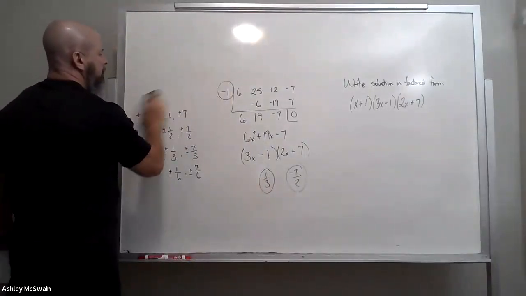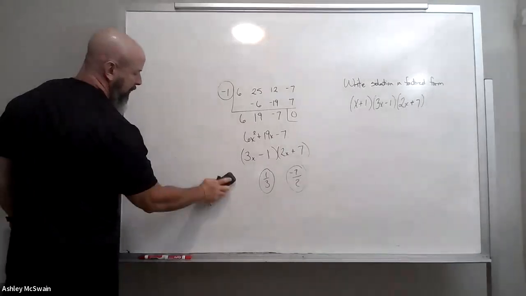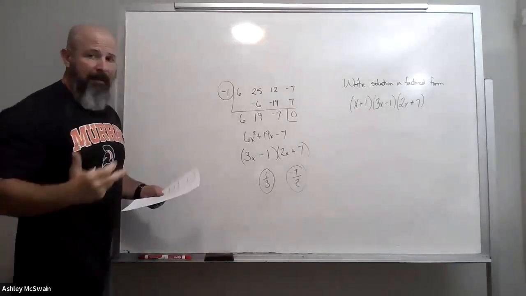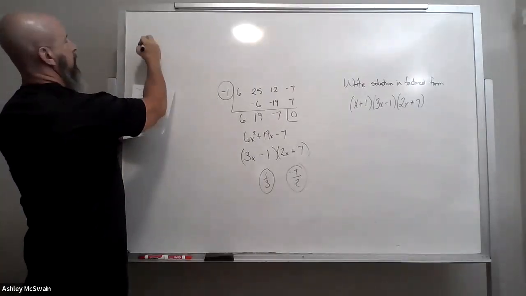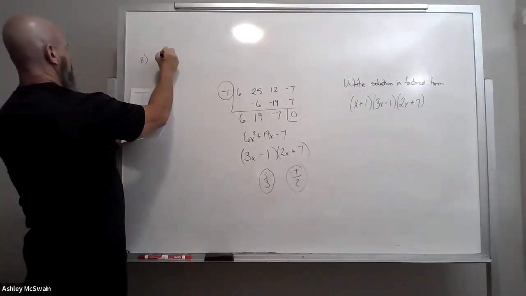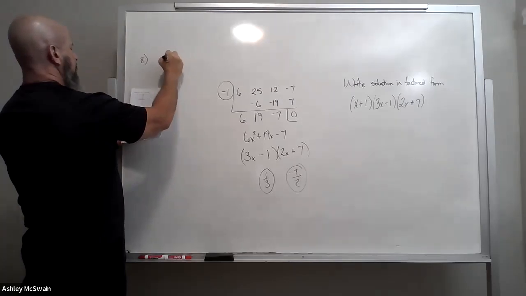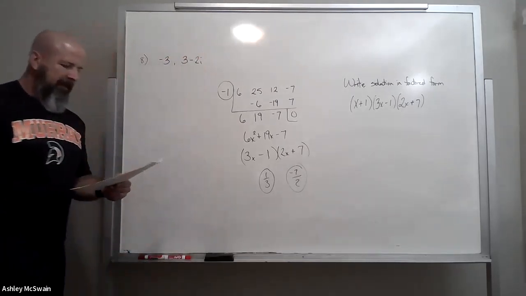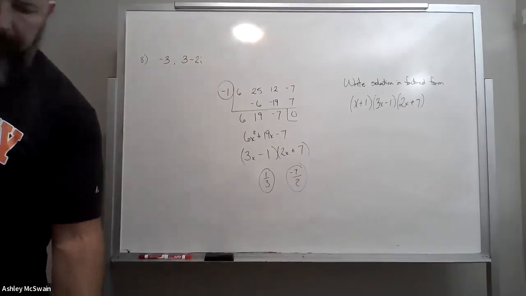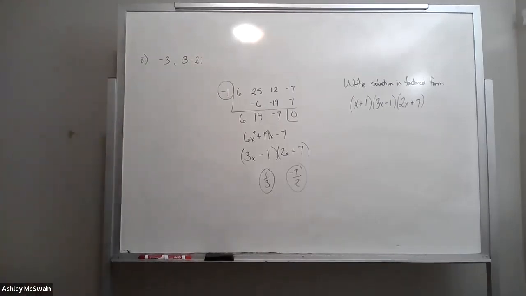The next problem is an exercise in dealing with that factored form. So let's see here. Make sure I got that right. 8. We've got zeros of -3 and 3 minus 2i. That's the two zeros that I'm given. There has to be 3 zeros to this.